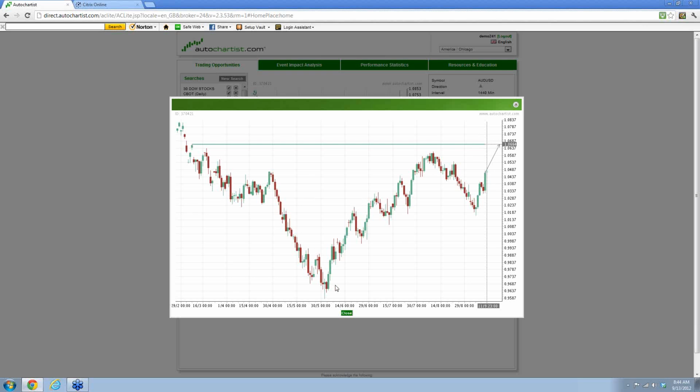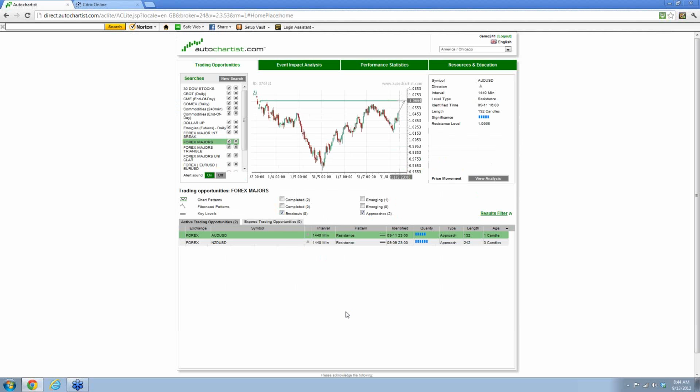So when you are trading these approaches and these breakouts, keep in mind how much time, 132 candlesticks at this point, how much time between the pattern, how much time between the breakout and where we're at right now. That's one thing that's critical.